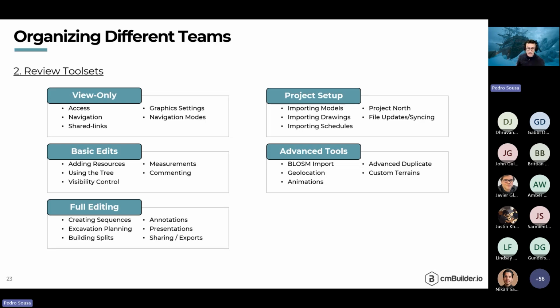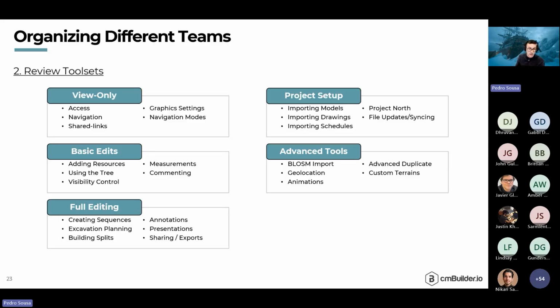Maybe for other teams or users, you want them to just do some basic editing, right? So just adding resources, using the tree structure to control the visibility, to understand what elements are there on your site, do some measurements, do some comments, right? So this will fall into the basic editing category.